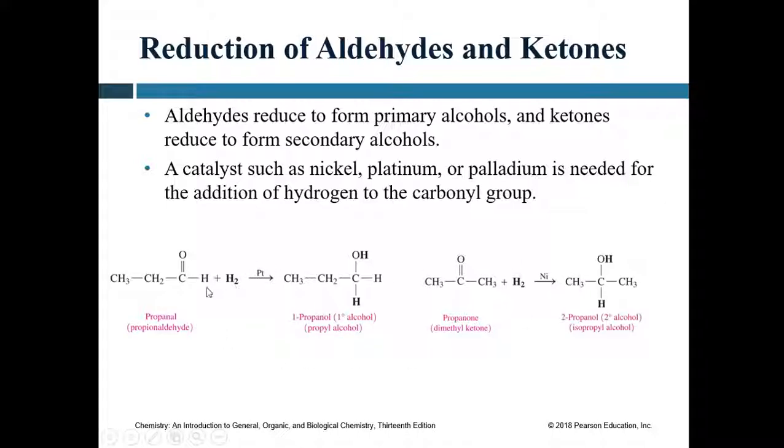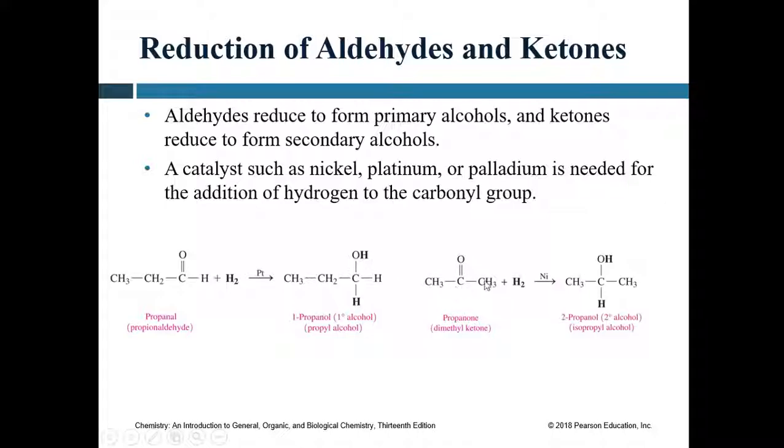So when we add hydrogens, the hydrogens will end up adding to the double bond, one to the carbon here, one to the oxygen. So you will notice that this carbonyl group here is reduced. And so the carbonyl group of this aldehyde is reduced to an alcohol, and it's a primary alcohol.